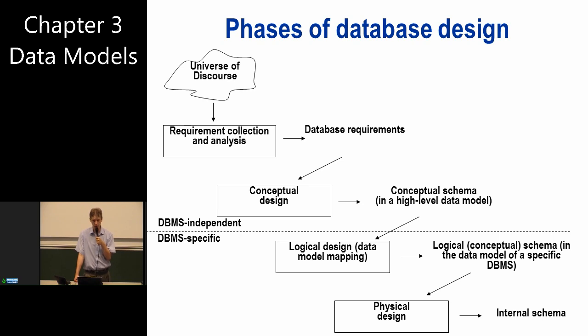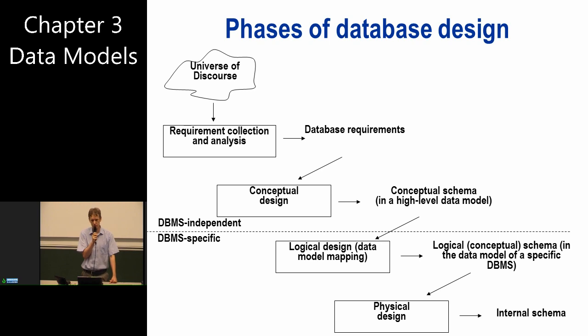So here we're getting closer and closer to the implementation, and of course the final step is to take that logical design, that logical scheme, and map it to a physical scheme during a physical design phase. There we're actually going to come up with an internal scheme which is going to specify the physical implementation of our database. And these are typically the steps you're going to run through.